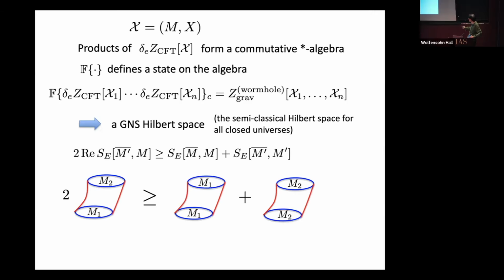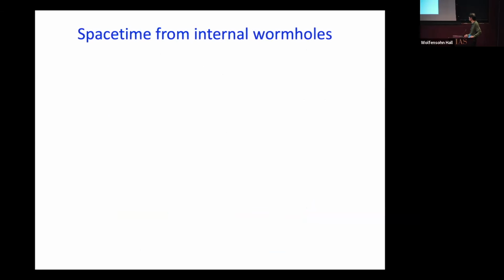Okay, you can derive inequalities like this, and actually an infinite tower of such inequalities. This is something you can in principle check explicitly just by working with gravity. For example, Tom Hartman's talk yesterday may be able to be used to check this kind of inequality.